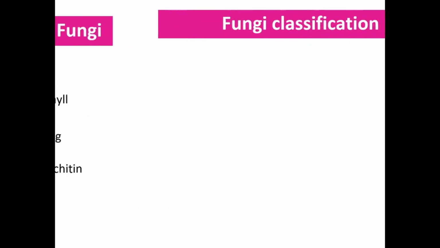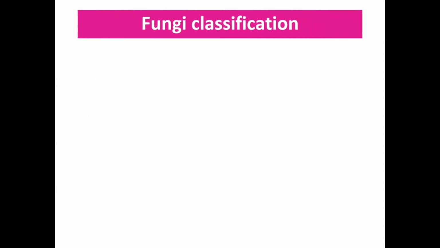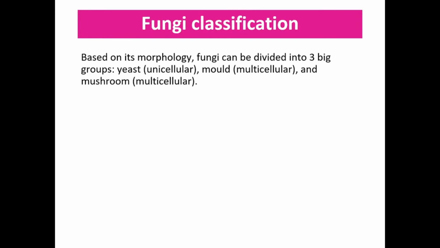This is the fungi classification. Based on its morphology, fungi can be divided into three big groups. The first one is yeast, which consists of unicellular organisms. Next is mold, which consists of multicellular organisms.